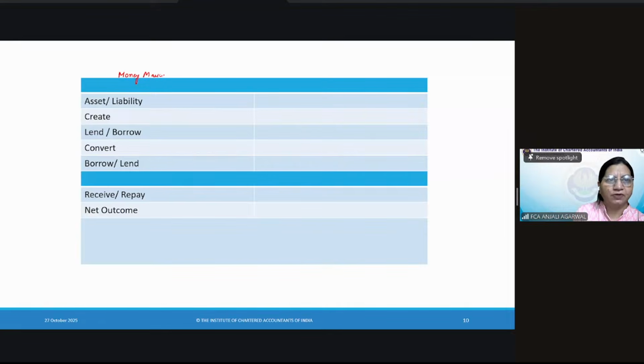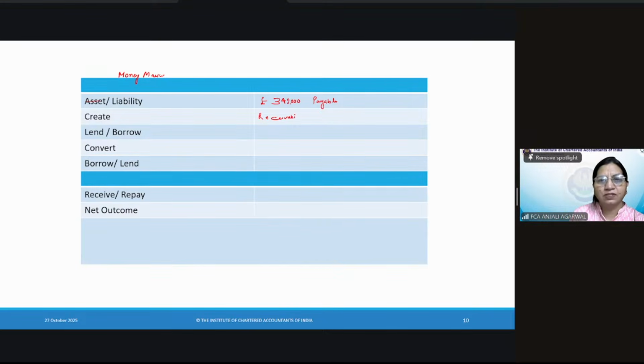Simply, you will recall what your asset is. So for example, if you have pounds payable, how many? 480 minus 138, 342. So it's a liability because it is a payable. So create opposite receivables.